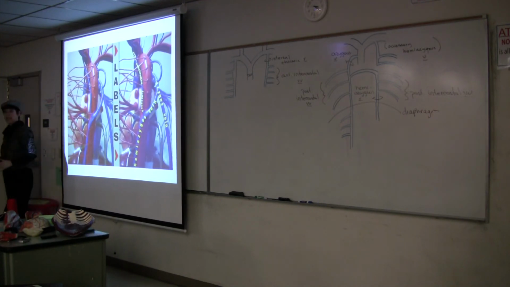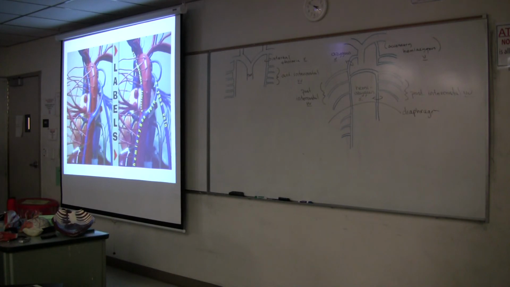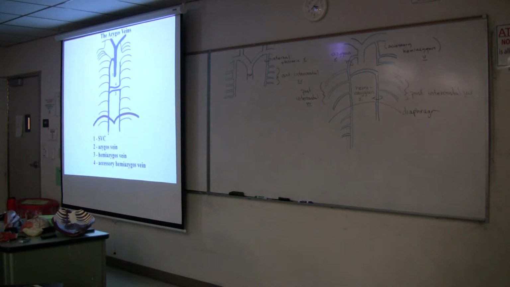So when you look on the back of the wire models, you can see that pattern. Okay? And you can tell which is which, because the azygous is going to go into the superior vena cava, and the hemiazygous is going to go into the azygous. Okay? So that's the drainage of the chest wall. Anterior intercostals into internal thoracic, posterior intercostals into either the azygous or the hemiazygous.